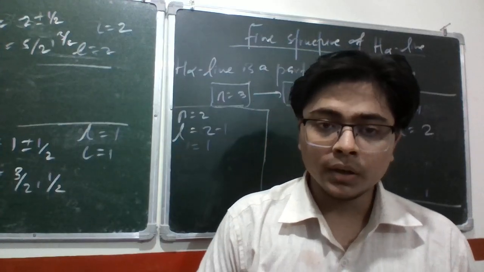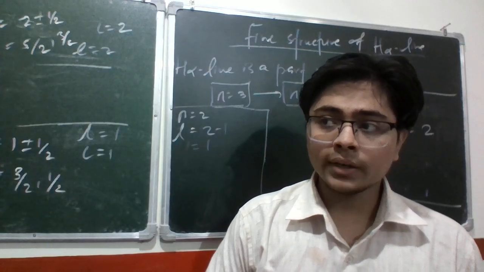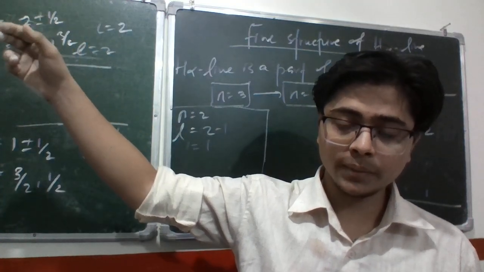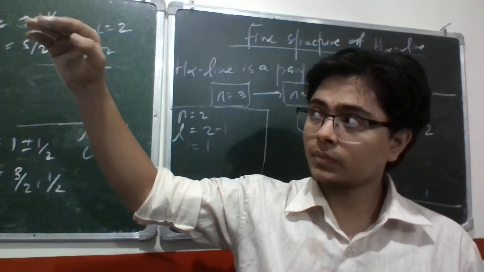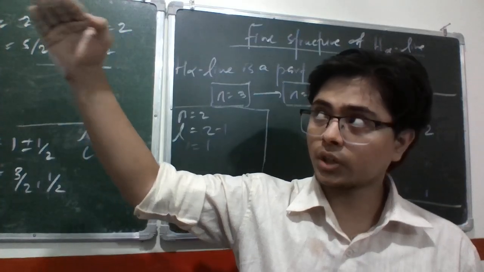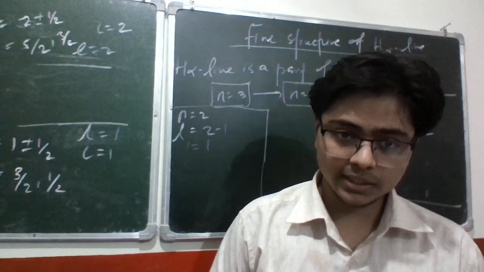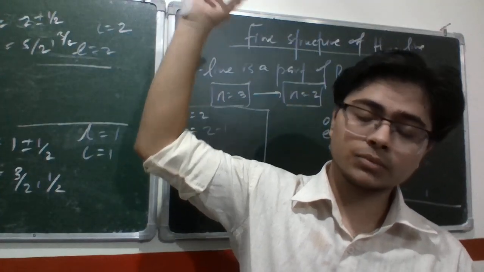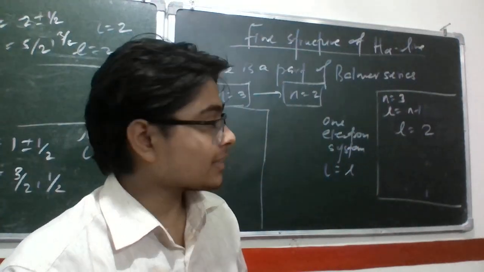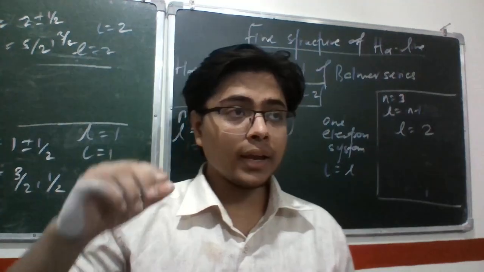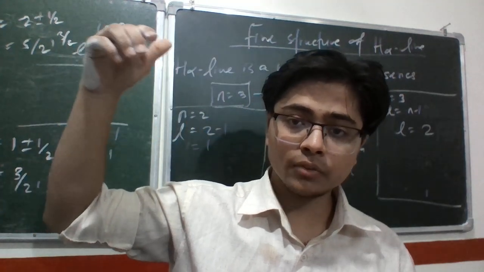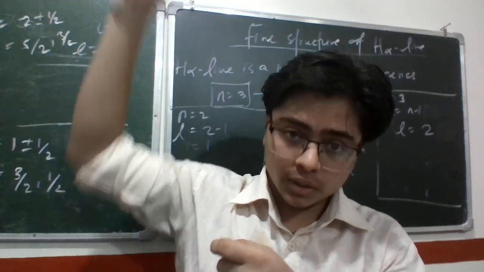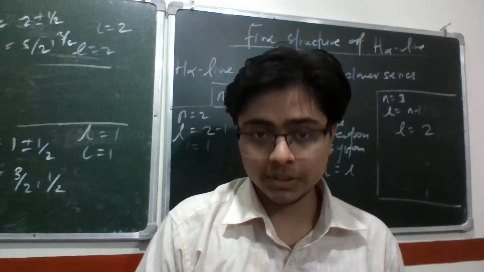That means it happens when an electron from n equals 3, principal quantum number 3, or we can say the third shell, jumps to the second shell. The Balmer series means any electron jumping from any higher level into this second level.